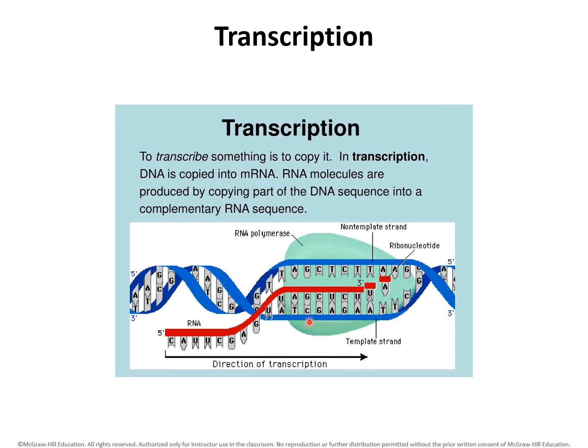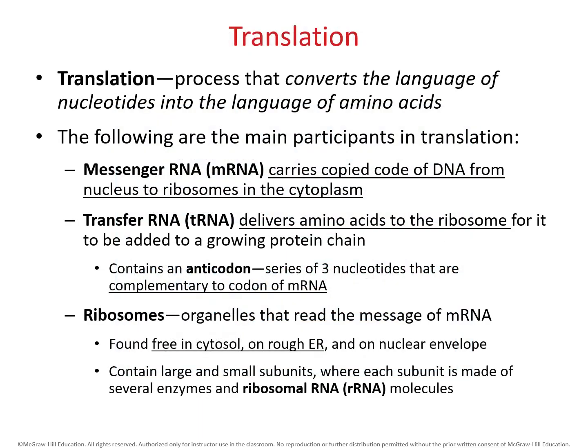If the DNA has a cytosine on it, RNA polymerase will put a guanine onto the RNA strand. Okay, so basically RNA polymerase will help construct the mRNA molecule. So that's basically transcription. Transcription is the copying of the DNA and the creation of a new mRNA molecule by RNA polymerase.